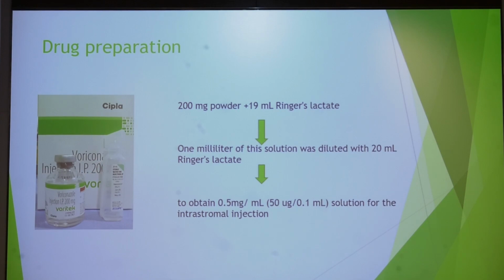First, add 19 ml of ringer lactate solution to it. Take 1 ml of the resultant solution and again dilute it with 20 ml of ringer lactate solution. The solution will have a concentration of 50 microgram per 0.1 ml. If you have access to the 1% voriconazole eye drop, take 1 ml of that solution and add 20 ml of ringer lactate solution, and the resulting solution will have a concentration of 50 microgram per 0.1 ml.